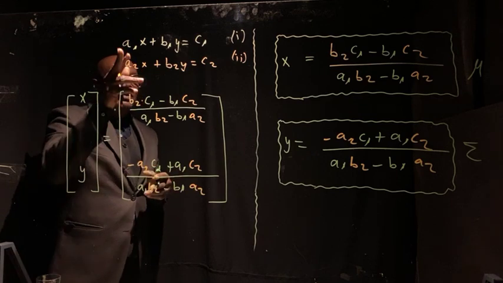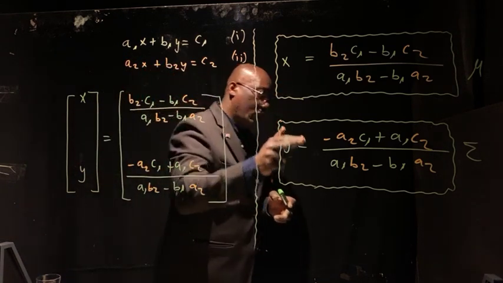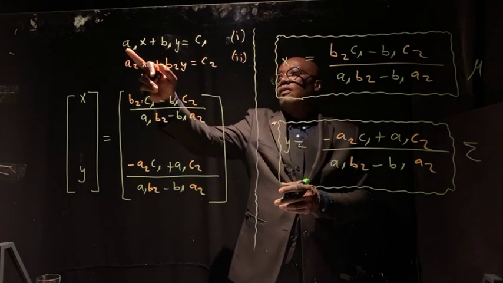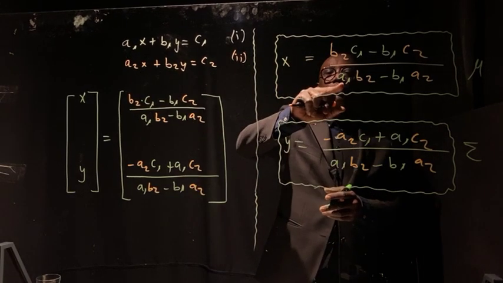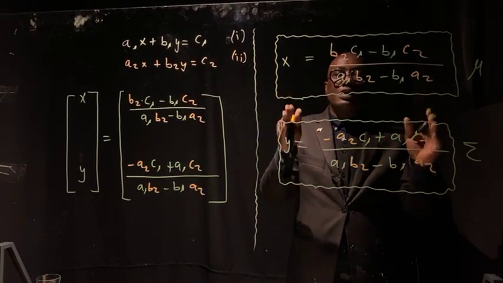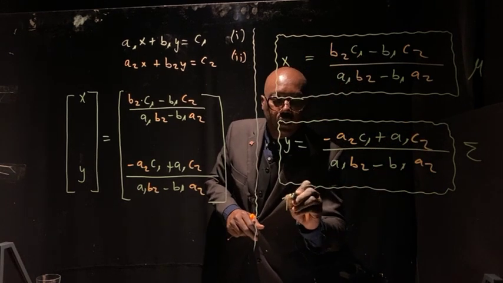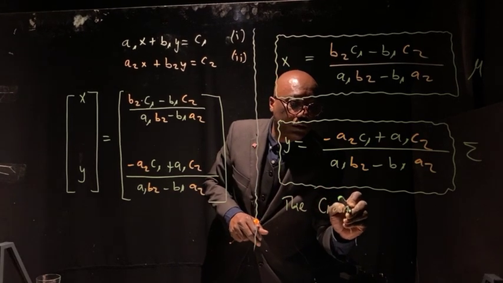The solution of this simultaneous equation is this one. Whichever value you find in the simultaneous equation, you put it there. This is what we call Cramer's rule.